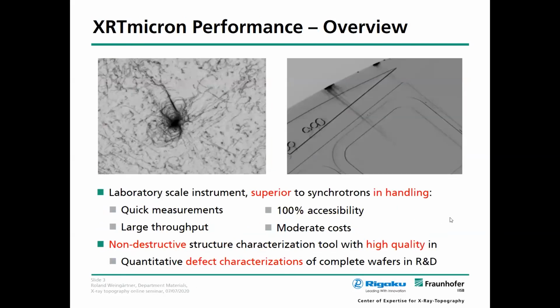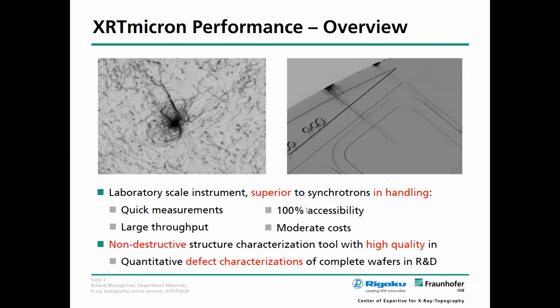Let me emphasize some important properties of the XRTmicron, which in my opinion are the most important ones. It is a laboratory scale instrument, so you can make quick measurements, you have a large throughput, and we have 100% accessibility.